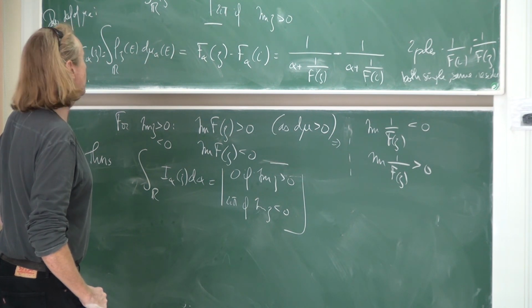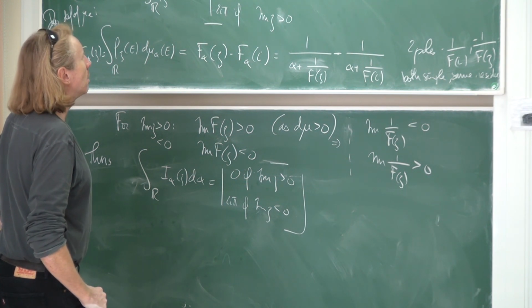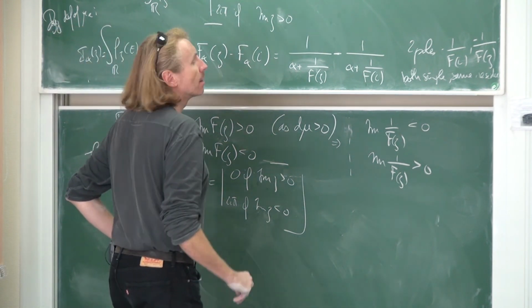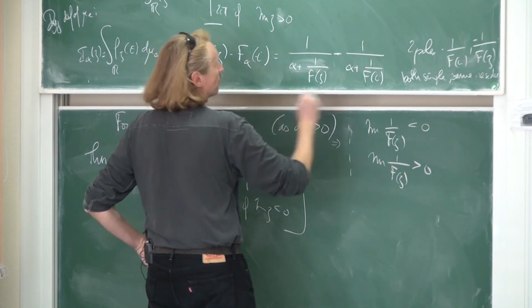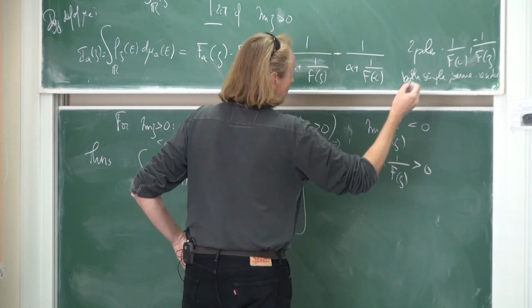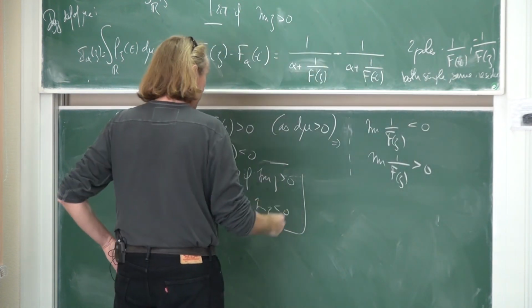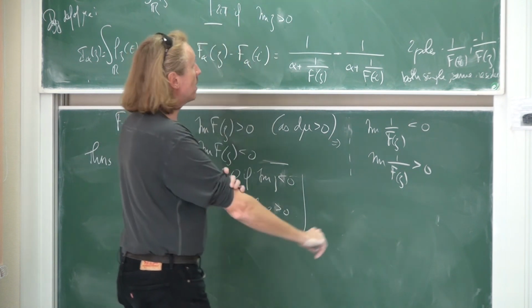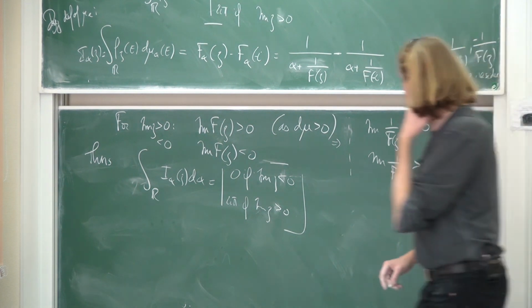Well, then they're on the same side. Yeah, but minus I maybe. Well, thank you. Yeah, you're right. This is f of minus I, because I have minus here. Thank you.